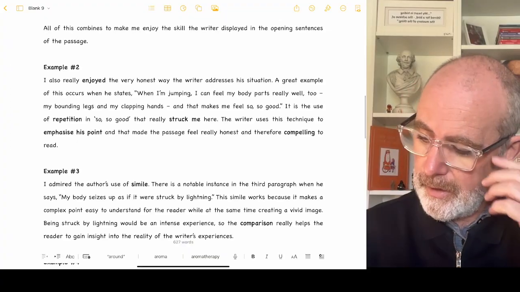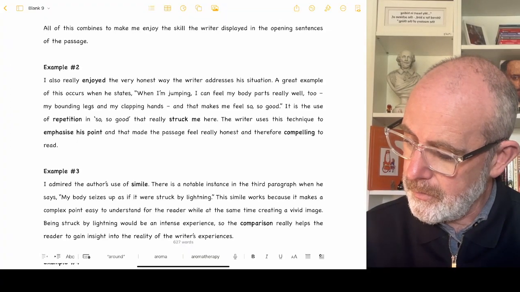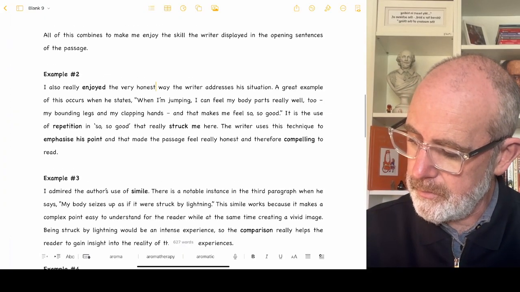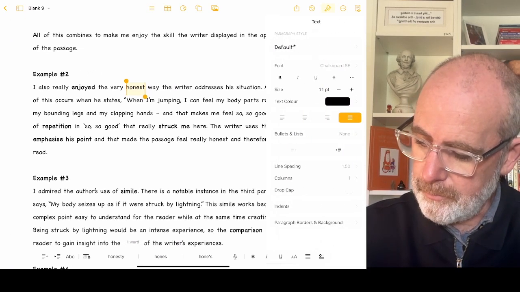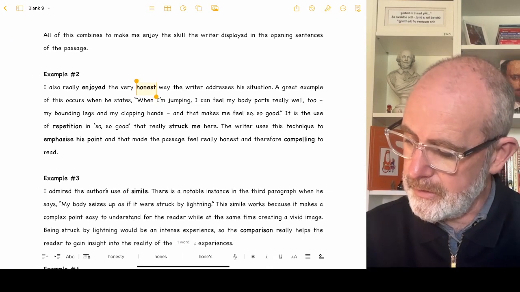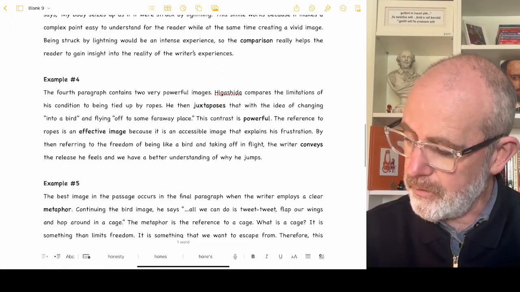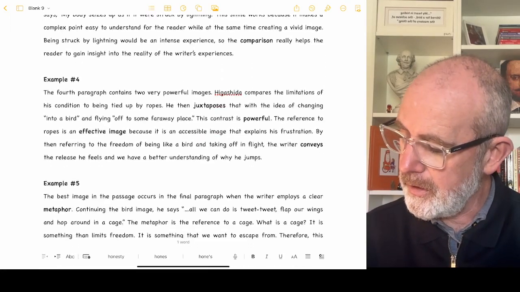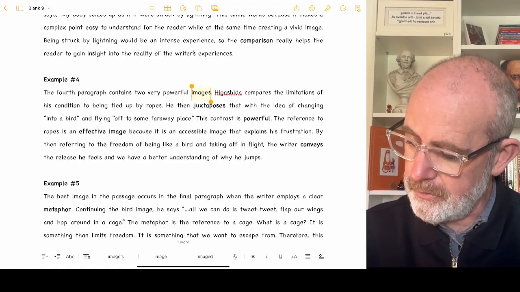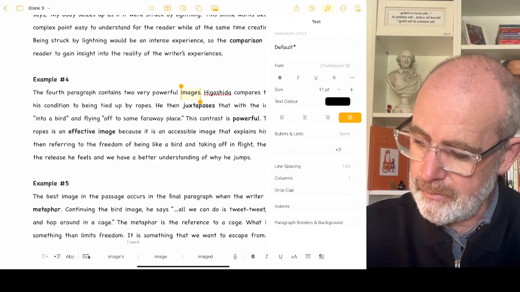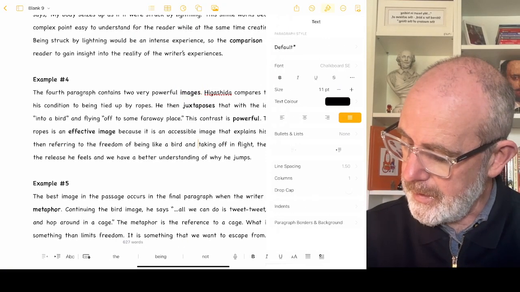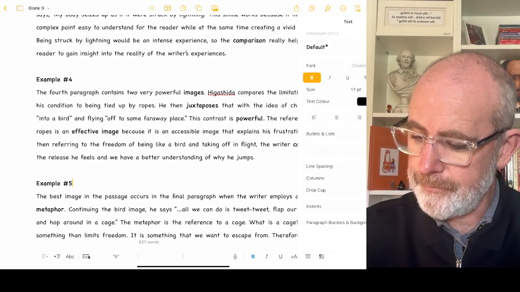Second one is honesty, and repetition. Third one is simile. Fourth one is juxtaposition and imagery, just imagery. And last one is metaphor.